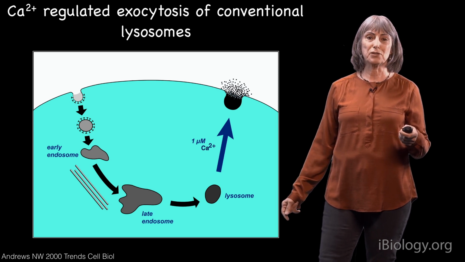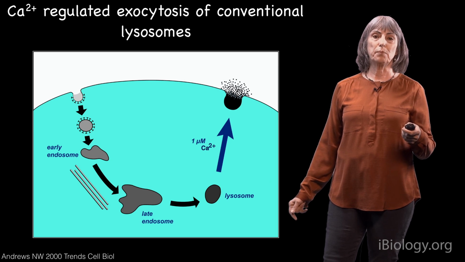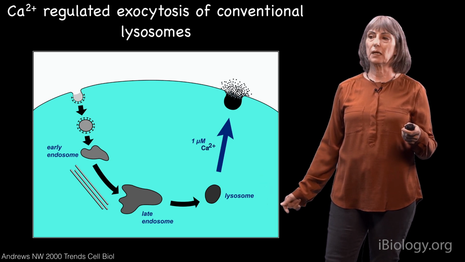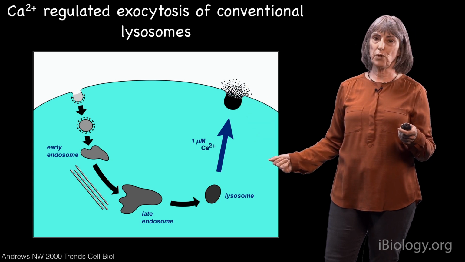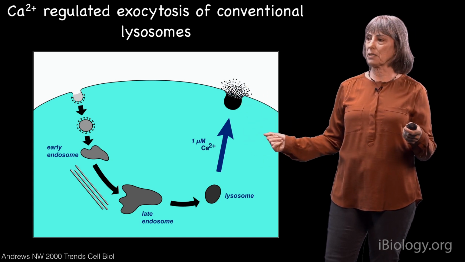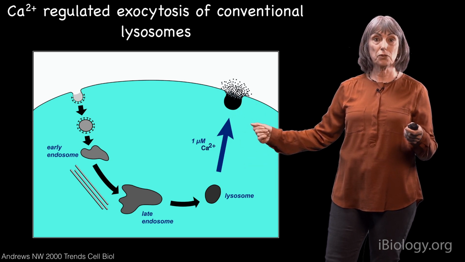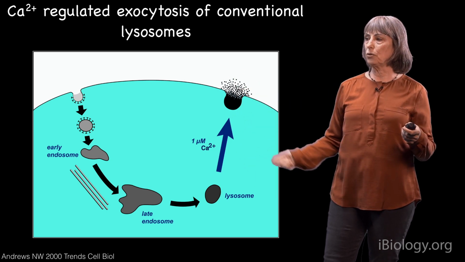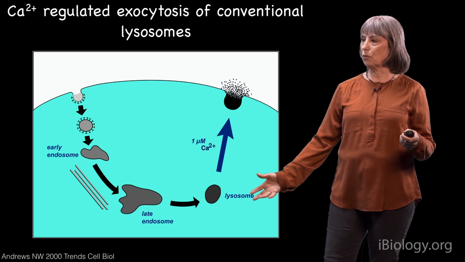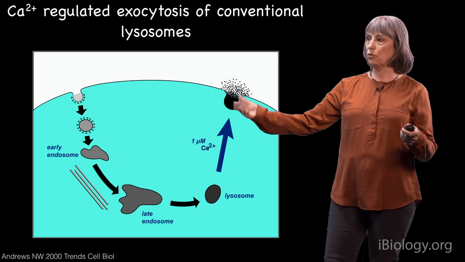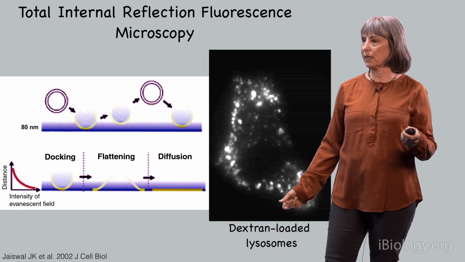But when we saw lysosomes behaving this way, we thought that, if calcium was the trigger for this fusion of lysosomes with the plasma membrane, we should be able to remove the parasites from the picture and just manipulate the intracellular calcium concentration and see if we could make lysosomes, which were normally viewed as these terminal compartments of the endocytic pathway, fuse with the plasma membrane. And this is exactly what happened.